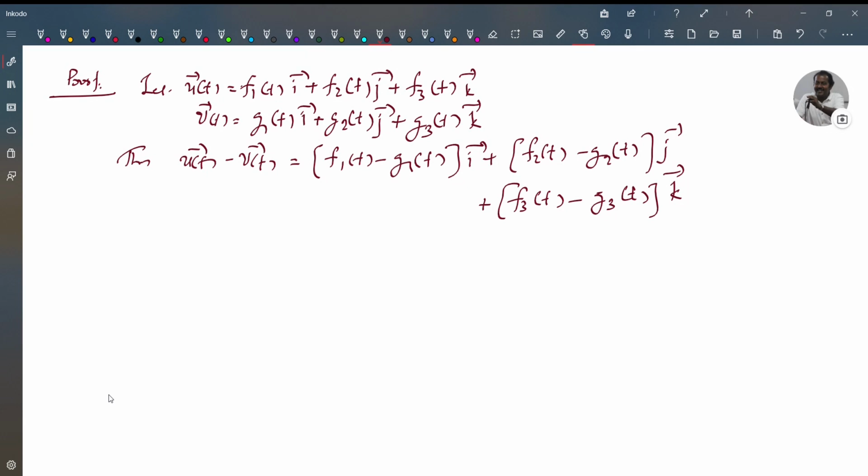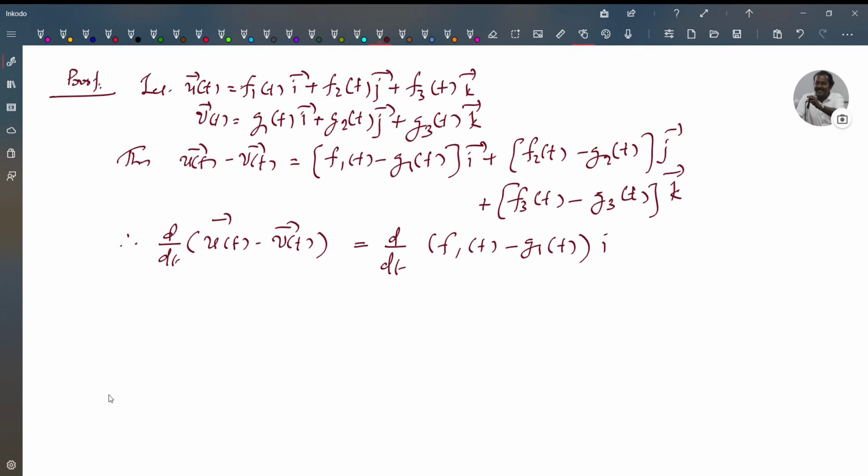Therefore, d by dt of u of t minus v of t is equal to d by dt of f1 of t minus g1 of t i plus d by dt of f2 of t minus g2 of t j plus d by dt of f3 of t minus g3 of t k.